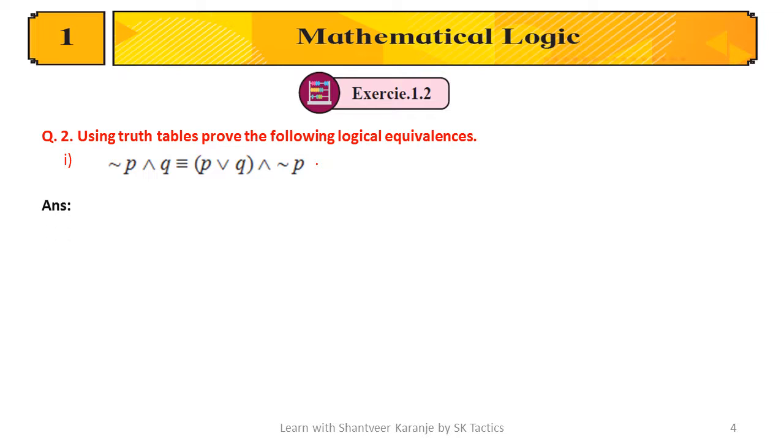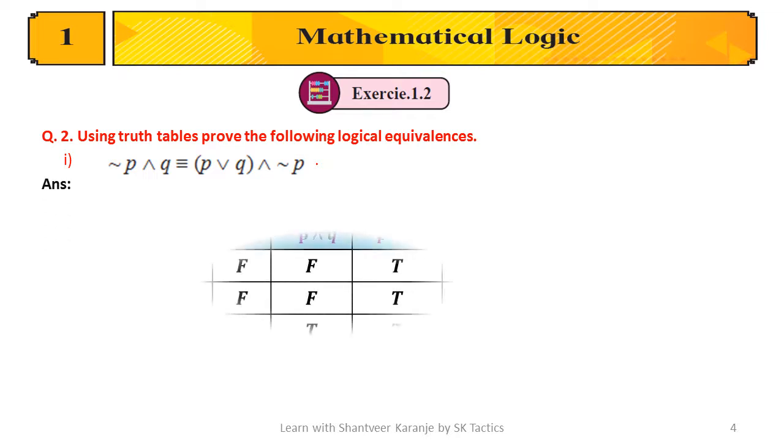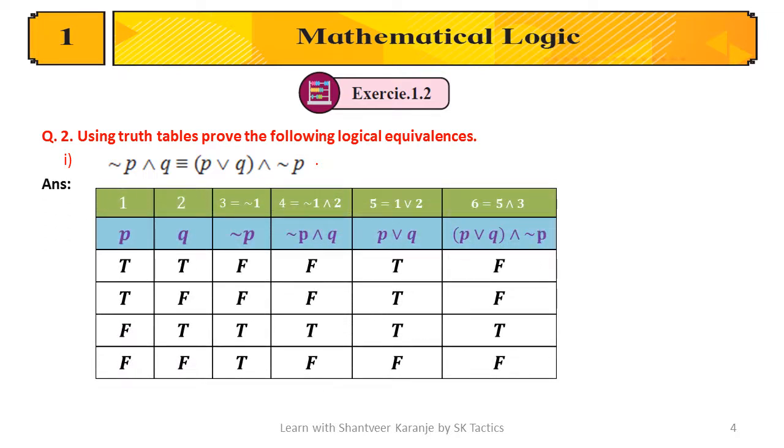Here the first column is for P, the second column is for Q. P has possible values T, T, F, F along with the combination of Q: T, F, T, F. Then the third column is negation of P: F, F, T, T.